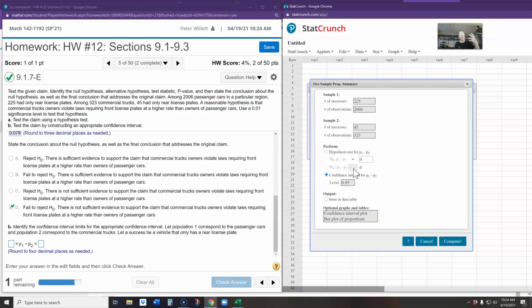When you have a less than or greater than claim, that's a one-tailed test. That means the significance level of 1% needs to be the area in one tail. Remember, a confidence interval will be in the middle of the distribution, and there'll be tails on either end. So if we want one tail to be 1% area, that means by symmetry, the other tail will also be 1% area. And if each tail has 1% in it, that means the interval in the middle has the other 98%.